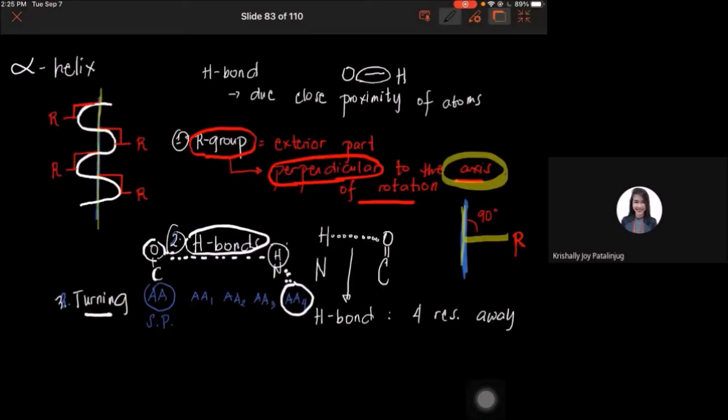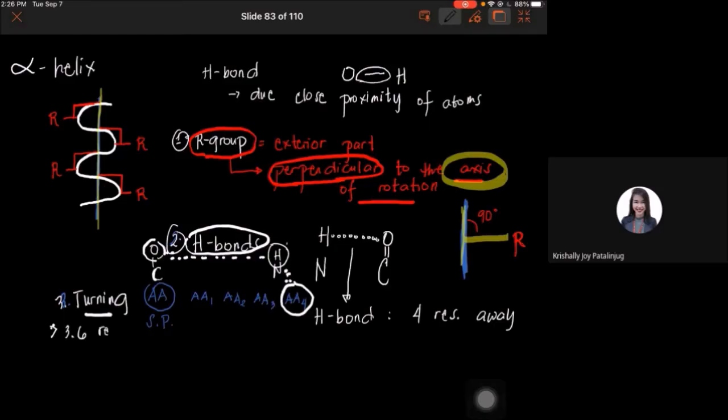So, ang pangutana, ilang beses liliko yung spiral shape. So, it has something to do with the turning. Yan yung turning. Okay? Ilan bang amino acid residue ang bumubuo sa mismong turns?